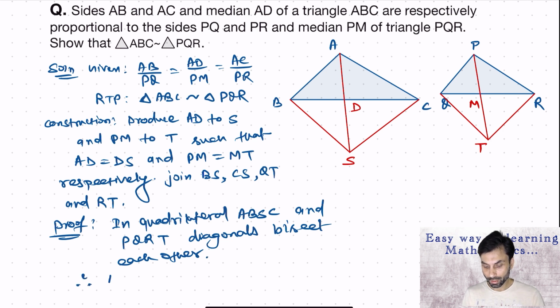Therefore, ABSC and PQTR are parallelograms.